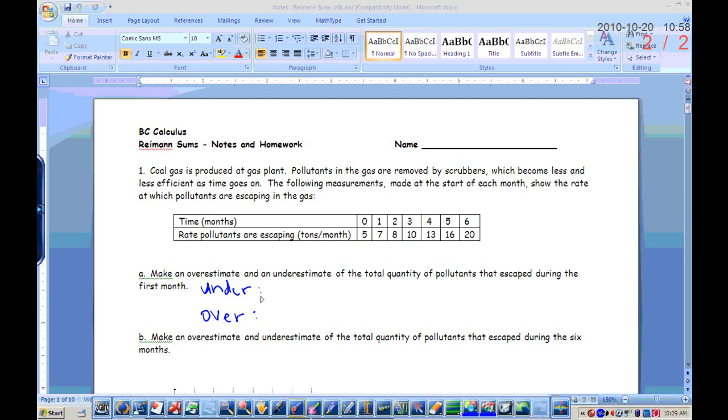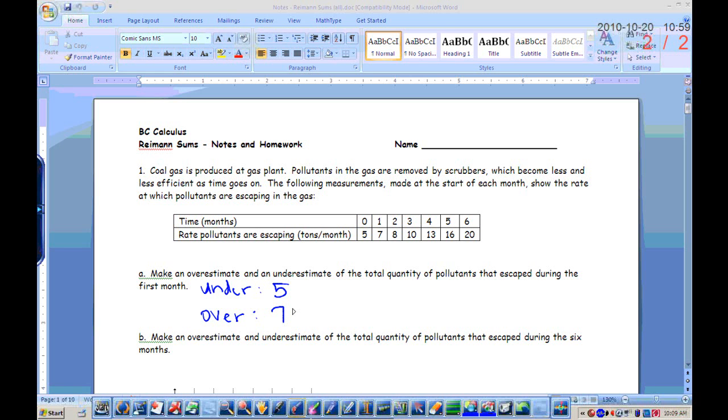Because at the beginning of that month, only 5 tons per month are escaping. The overestimate would be 7, right? Because at the end of the month, that's how many are escaping per month. So the exact amount over that month is somewhere between 5 and 7.